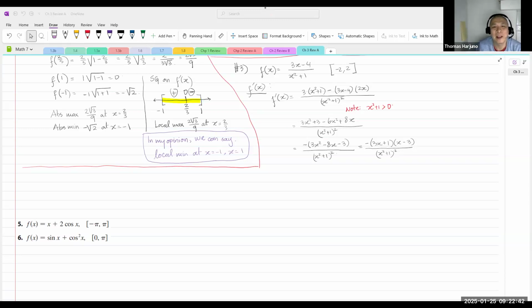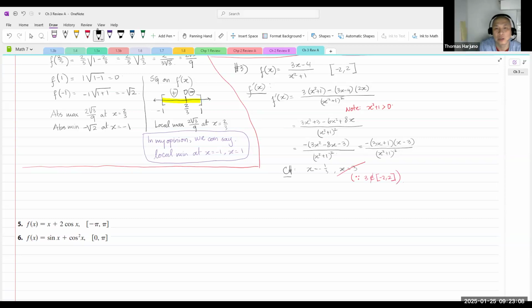Then we get the critical numbers just from the numerator. So we have x equals negative 1/3 and x equals 3. The nice thing is this 3 is not in the domain, because 3 is not in the interval of our consideration here.